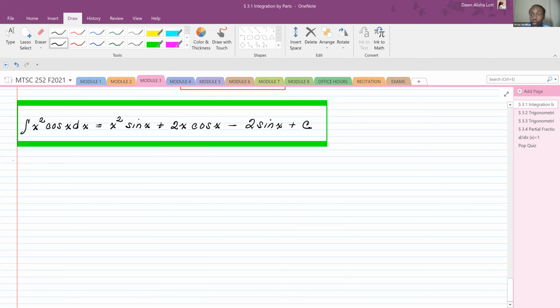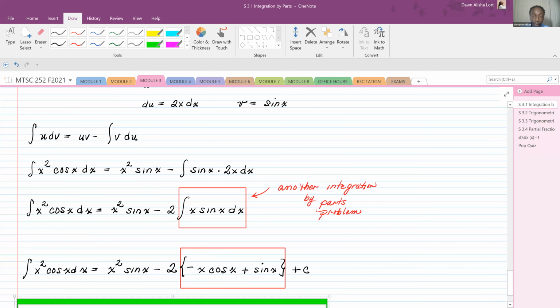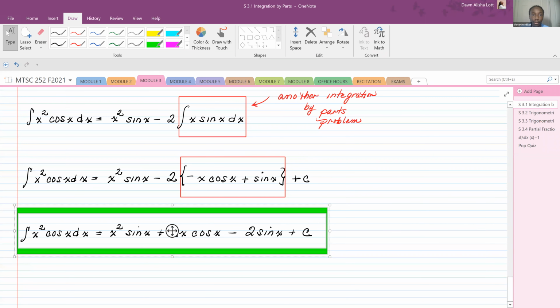Dr. Bob, I was wondering, when you're integrating by parts, how do you know when everything is completely done? Like the last problem, we had to integrate by parts 3 times. When there's no more integrals.